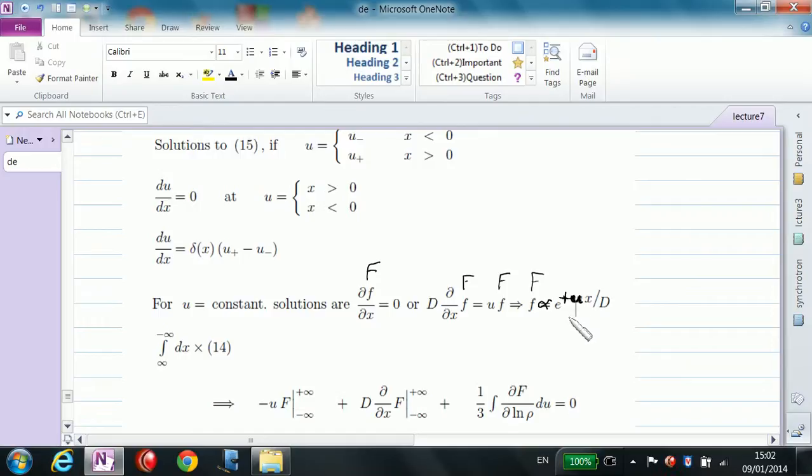Because there's no source of particles downstream that's allowing them to diffuse upstream. In principle, if I had a barrier, if I had a piston, then maybe I would need something proportional to this.